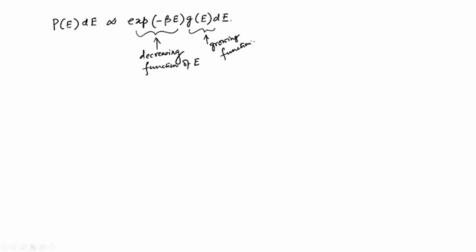Nevertheless, it's basically a smooth function or a well behaved function. It may have divergences in certain conditions or situations, but let us not talk about that at this moment.